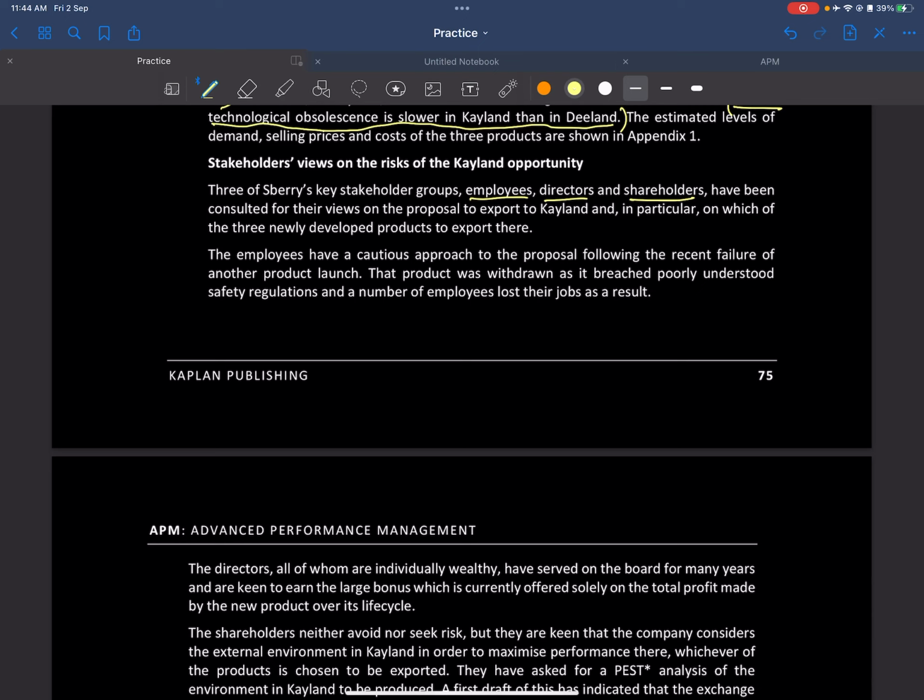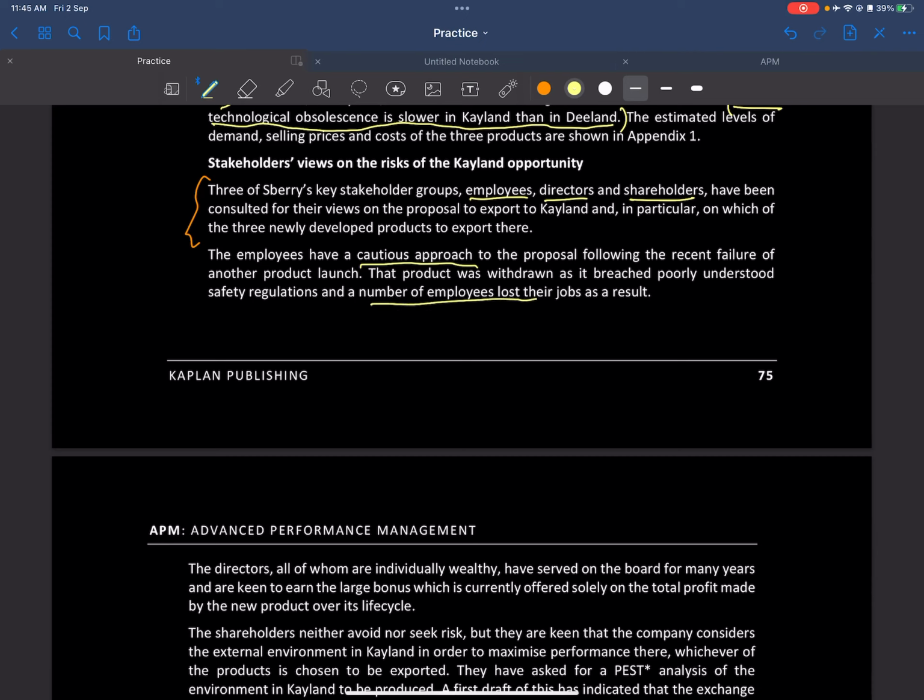Okay, they have been consulted for their views on the proposal to export to K-land, and in particular which of the newly developed products to export. Okay, so basically we are asking for the advice. So what has happened is basically the employees are cautious, right, following a recent product launch, and a number of employees have lost their jobs.